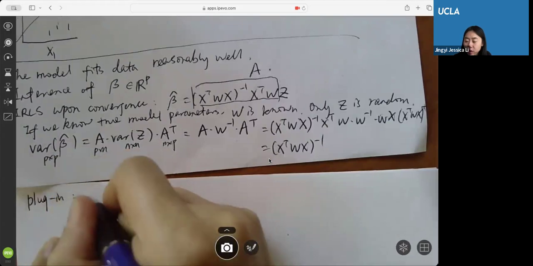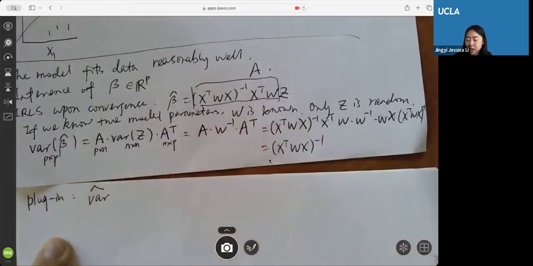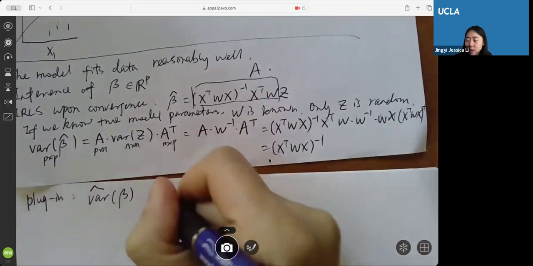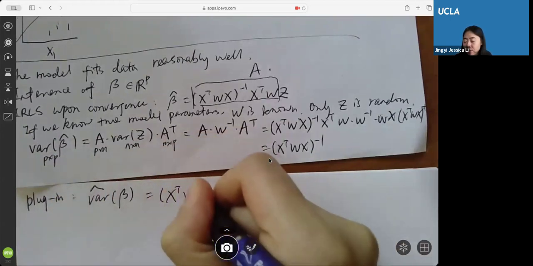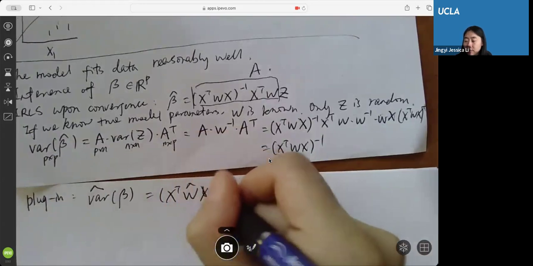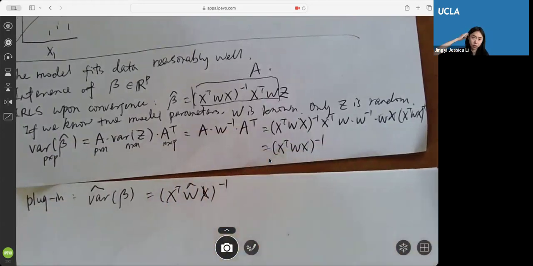So in this case, we call the plug-in version of the covariance matrix variance hat. In this version, we replace W by W hat. That's it. This is what we use a lot in statistical inference. Essentially, we first derive the variance assuming parameters are known, and then we replace the parameters in the variance formula by their estimates.